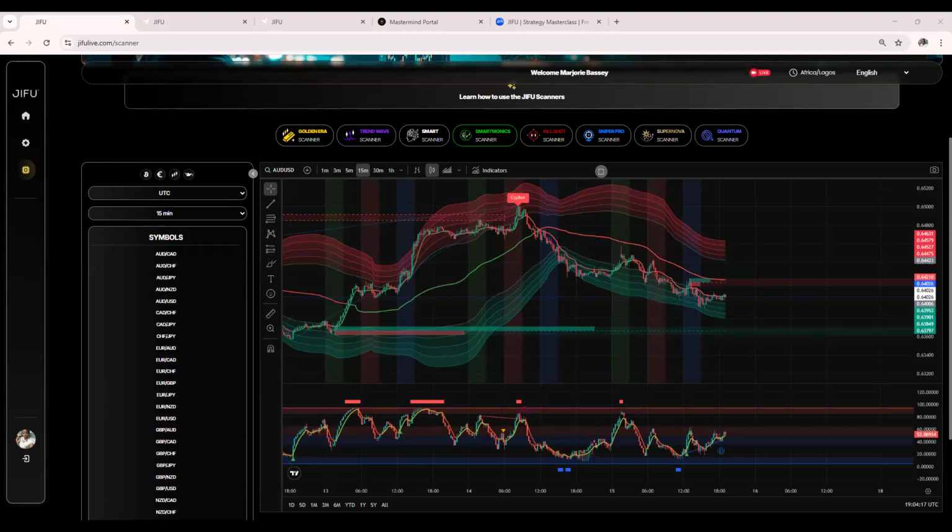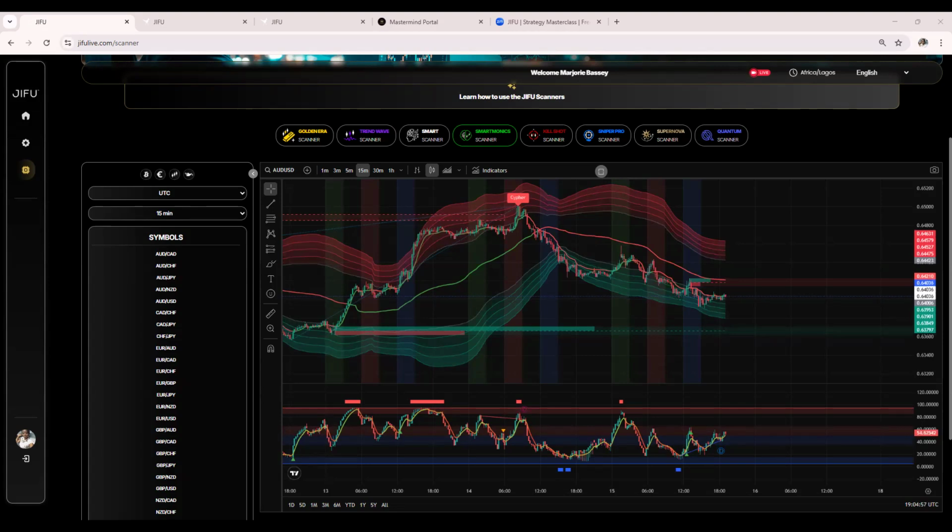Now, the strategy behind Smartmonics is such that anyone at all can use it to optimize their trading. The developer of this strategy, Manny Quinones, has said that you don't have to combine this scanner with another scanner, because they've embedded in it everything that you need to take decisions on a trade.